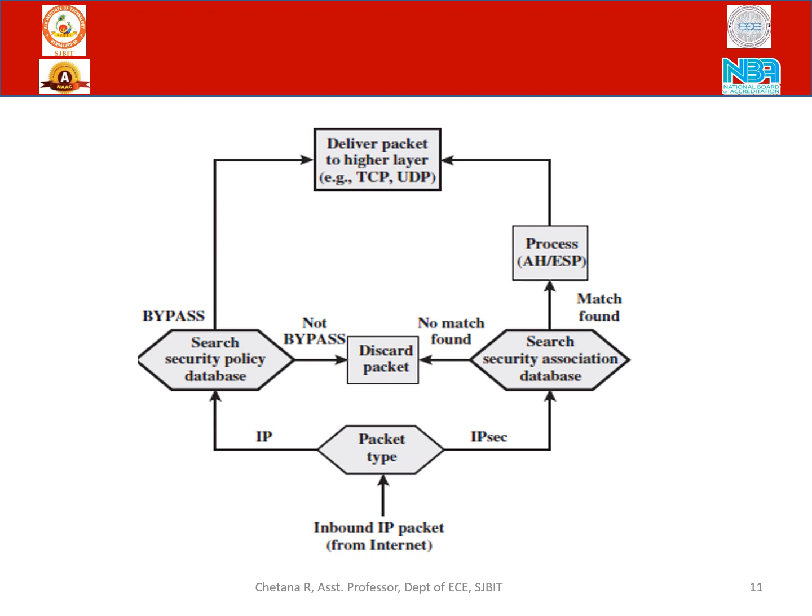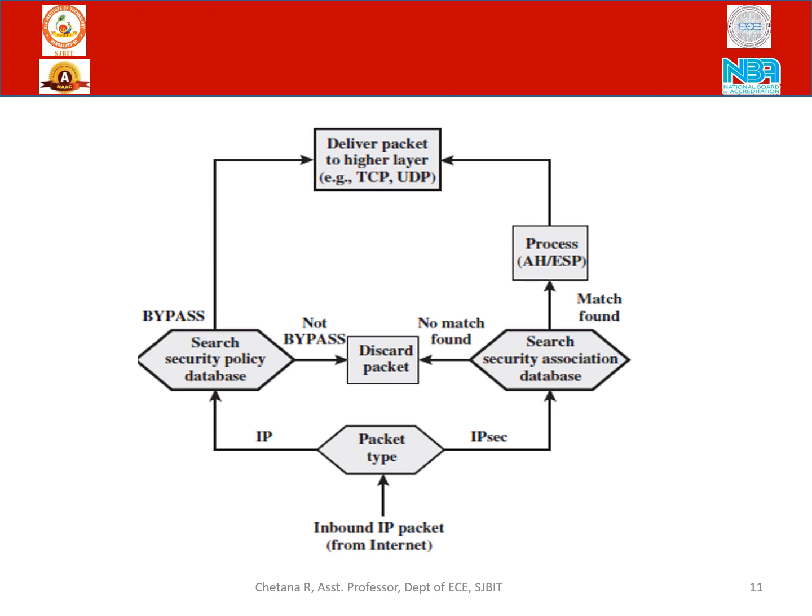So initially you have the inbound packet from the internet, and it checks the packet type. It checks for the IP security protocol. It checks in the Security Association Database, and only in the IP layer does it check with the Security Policy Database. If there is no need to check, it is bypassed and goes to the next higher layer. If no bypassing is to be done, it has to undergo a check. So what is that check?